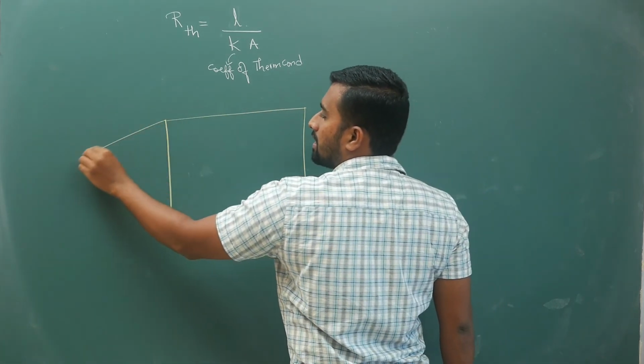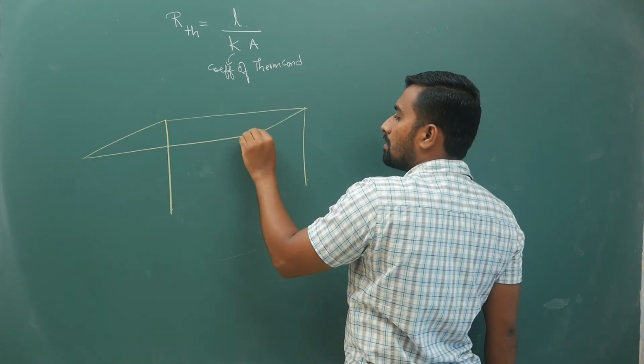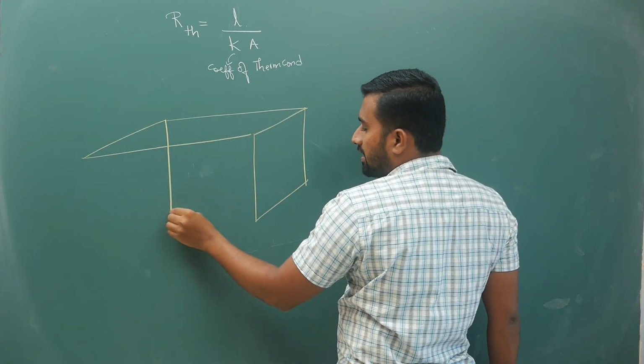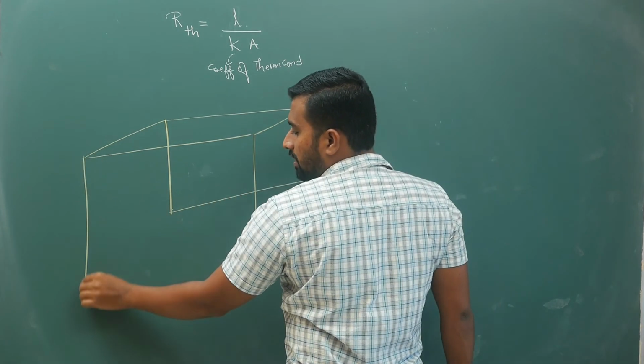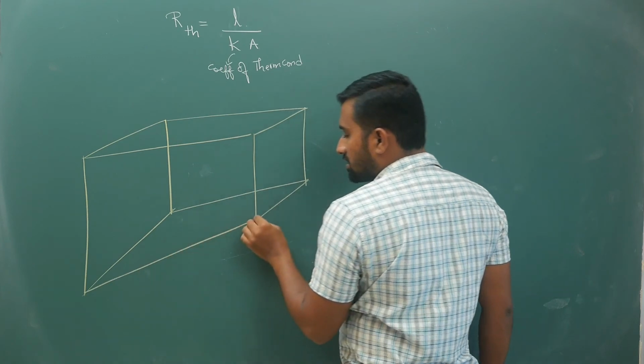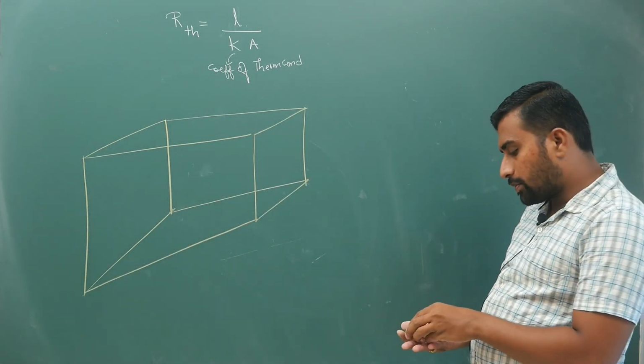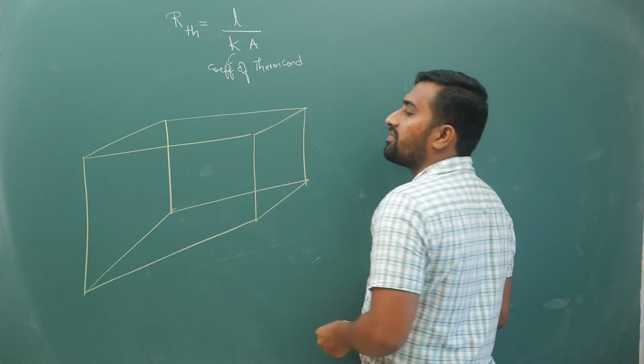Now your first and foremost important point is, if you have a cube like this, let us say you have a cube and your heat energy is flowing in different directions. Now I can provide heat energy in different ways.